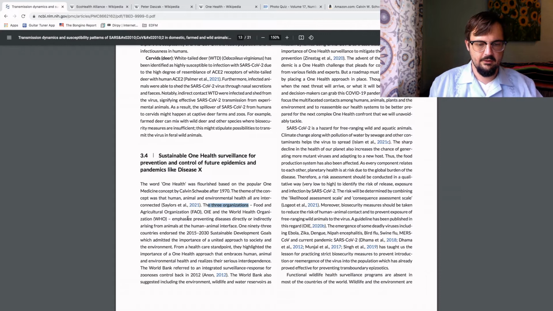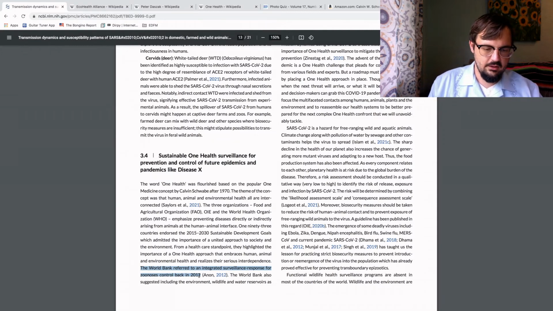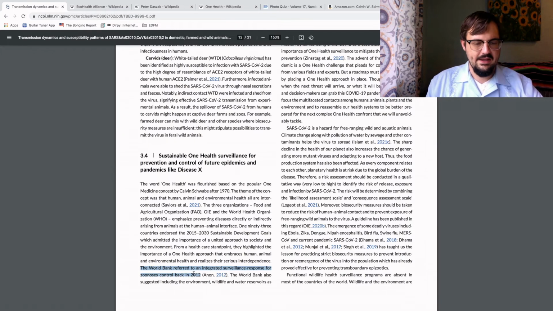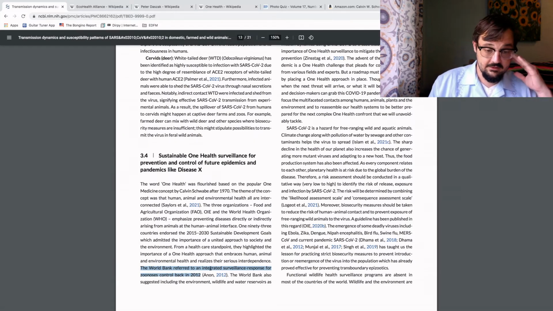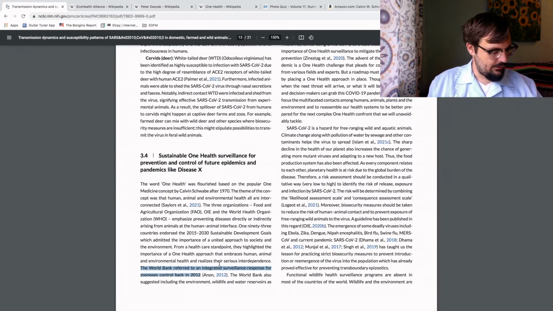So you've heard about all of these, and then down here it's going to say the World Bank referred to an integrated surveillance response for zoonoses control back in 2012, because of course they would. And again, we've got everybody who is not a doctor weighing in on epidemics, which is, you know, par for the course, because epidemiologists are not doctors either. But it's probably a low blow, so excuse me for saying that.